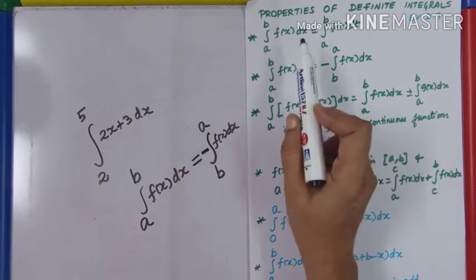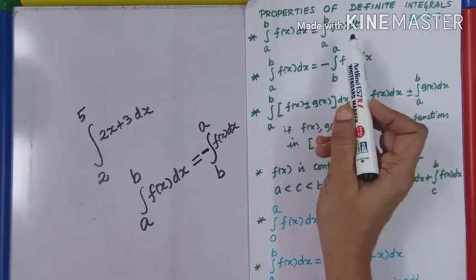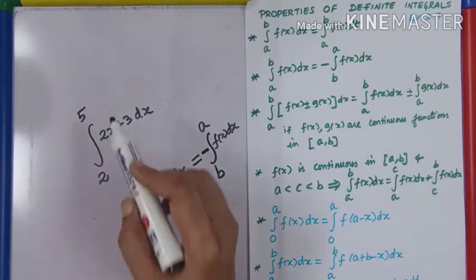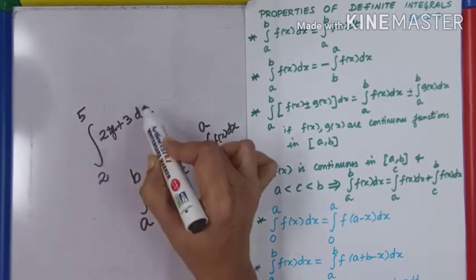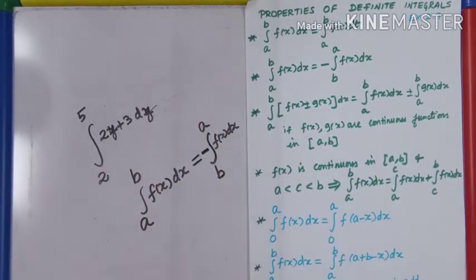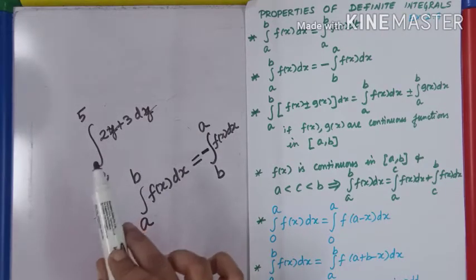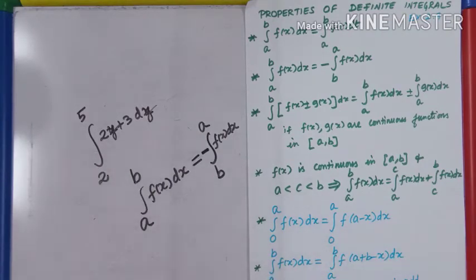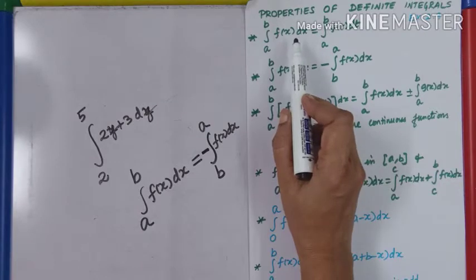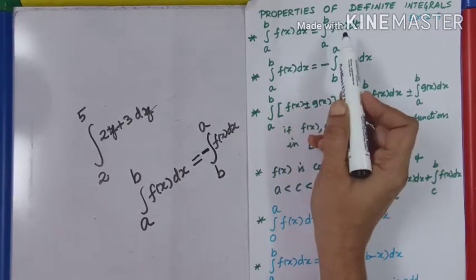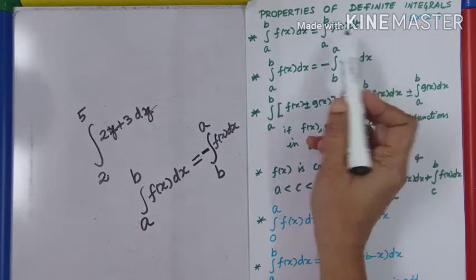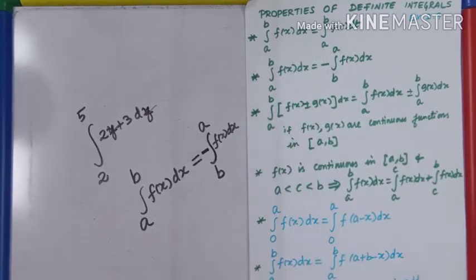So, that is the very first property of definite integral. Wherever x comes, if I need, I can change it as some other variable. So, f of x dx can very well be written as f of t dt.